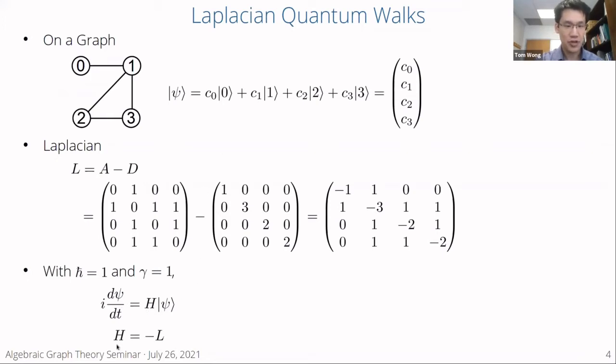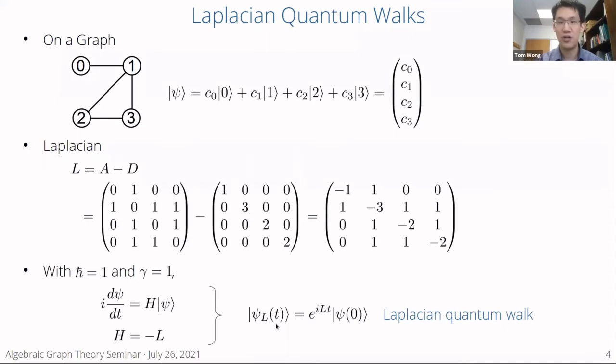And the Hamiltonian was minus gamma L. If gamma is 1, it's just minus L. And so if you solve this differential equation, you just get that the state at time t is equal to e to the iLt times your initial state. So your initial state is going to be some vector of length 4. This is a matrix exponential because L is a 4x4 matrix. And then whatever vector you get is going to be the state of the system at time t. And so this is what we're going to call a Laplacian quantum walk, because this quantum walk is governed by the Laplacian.